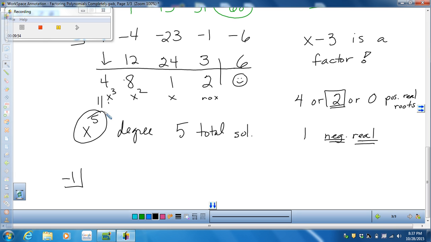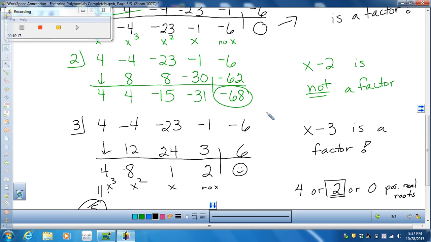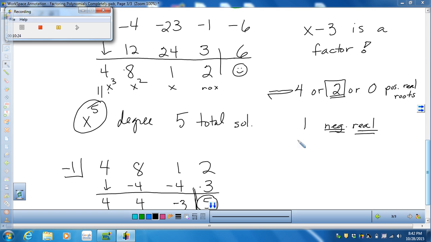So for this one, we know that 3 works, so now I'm going to use the 4, the 8, the 1, and the 2 as my values for my synthetic division. So go ahead and pause, and we'll come back and compare results. Did you get what I got?